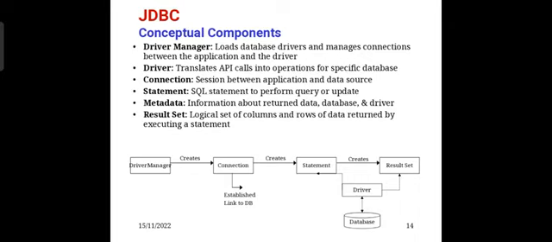It loads the database driver. The driver acts as an API, and the connection is used to establish the connection between the client application and JDBC. Statement is nothing but an SQL statement. Metadata is information about other data, data about data, which we can call a data dictionary. Result set is the result we take from the database.